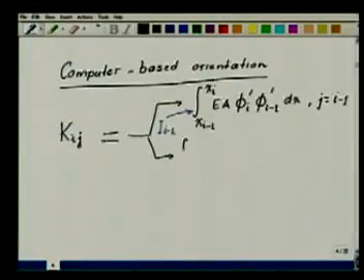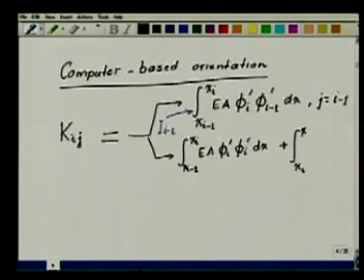Second possibility is when j is equal to I. So in that case, we will get integral over the element I minus 1 EA phi I prime squared dx plus integral over element I EA phi I prime squared dx for j is equal to I.